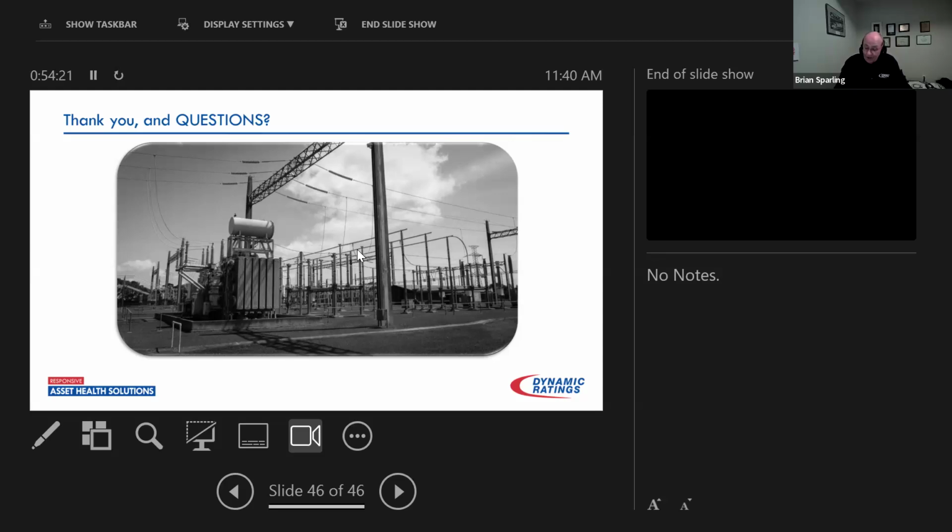Why is he asking? There are some utilities in the world that monitor transformers with one purpose only, and that is to answer questions to the regulator in their area. So some utilities, working with their regulator, have designed monitoring systems to monitor only the active part of the transformer, because the regulator is only going to give them money to replace a bad asset.